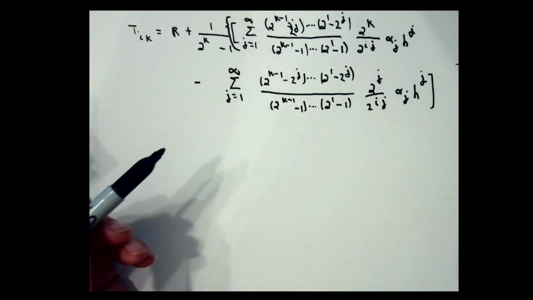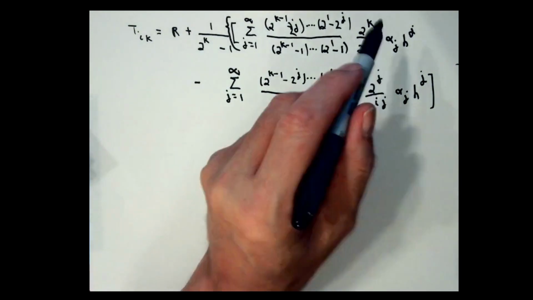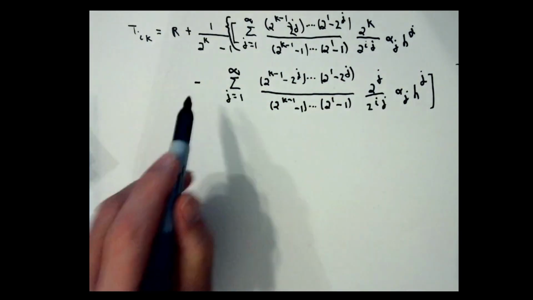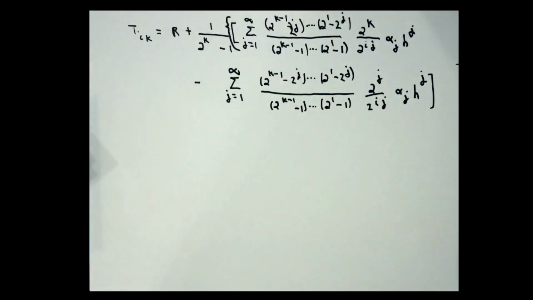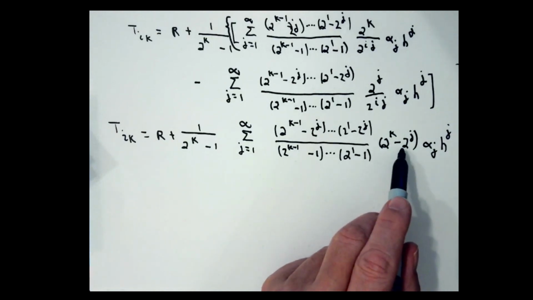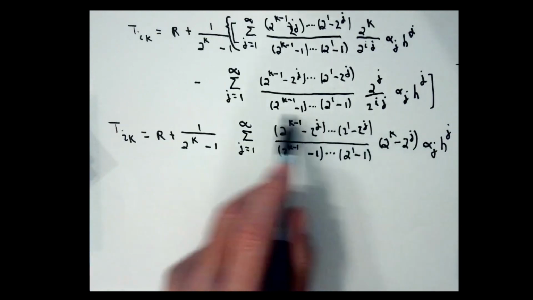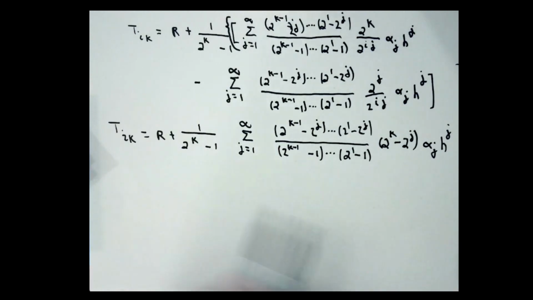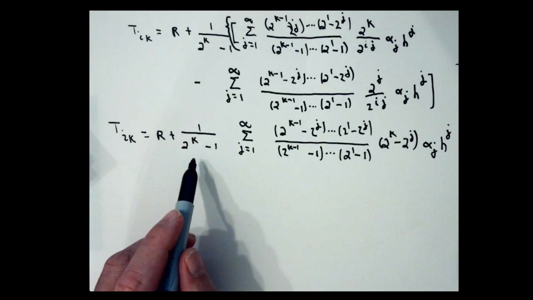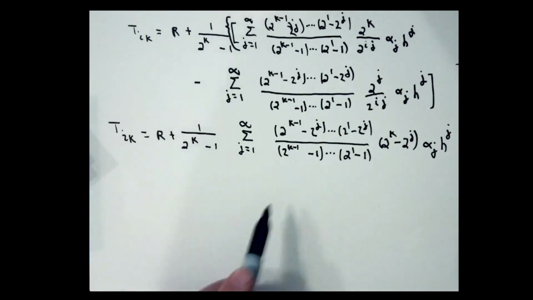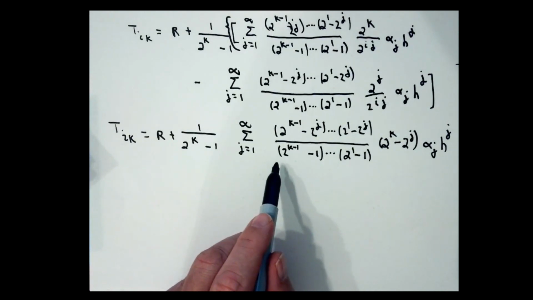I can factor everything out except 2 to the k and 2 to the j, and I'm doing subtraction here. What I'm going to do is to take this new factor and write it in the numerator of the fraction out front. Also, I'm going to bring this factor, which doesn't depend on j at all, inside and write it in the denominator out front.